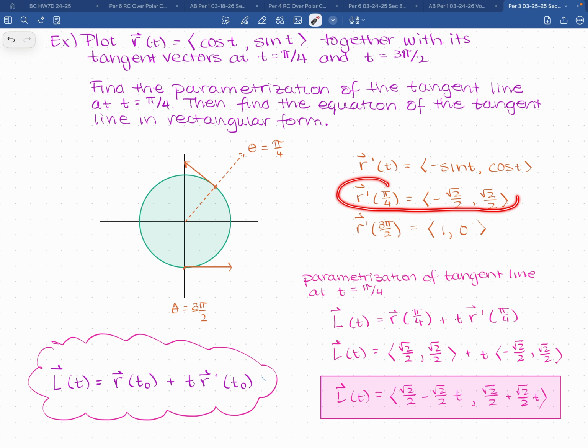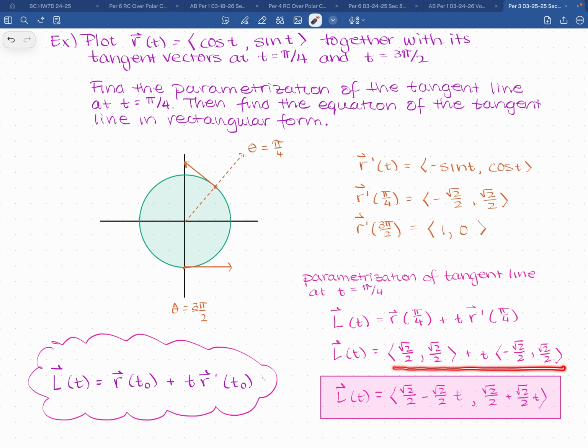We found r prime at pi over 4. So that is this, and then the t is just the coefficient here. You can kind of see this is like m, slope, derivative, x plus b, your initial point. It's where the equation is kind of coming from.